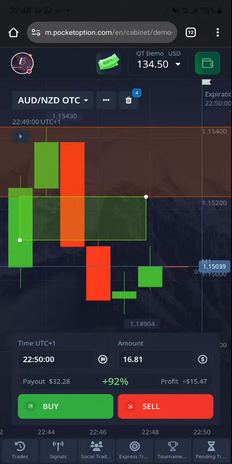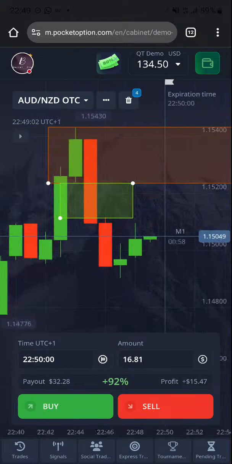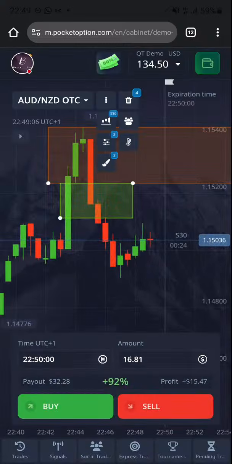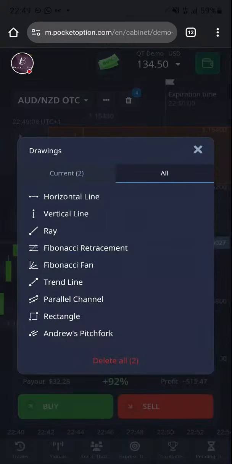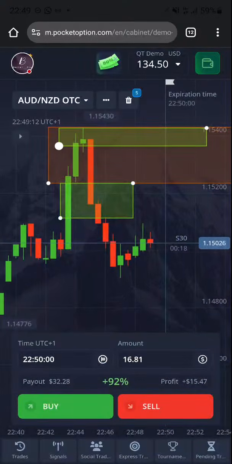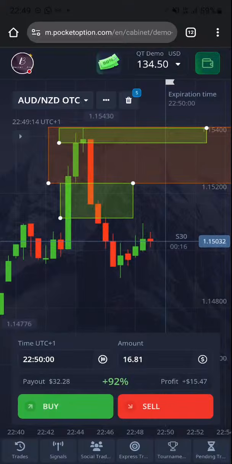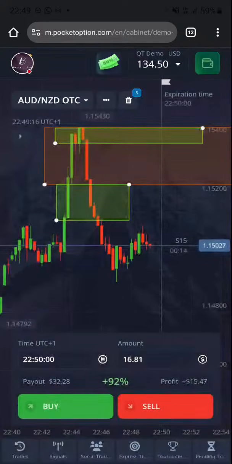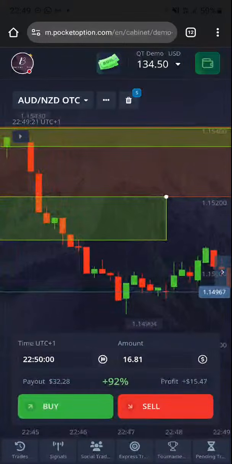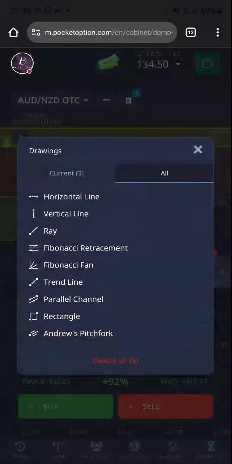If price comes into this fair value gap, we can go with the sellers. You understand? Let me go to a lower time frame and see if we have an entry. I've already seen an entry inside the order block. Usually some fair value gaps have entries, but I usually don't trade entries inside a fair value gap. I trade it inside the order block. You can see the fair value gap has an entry.